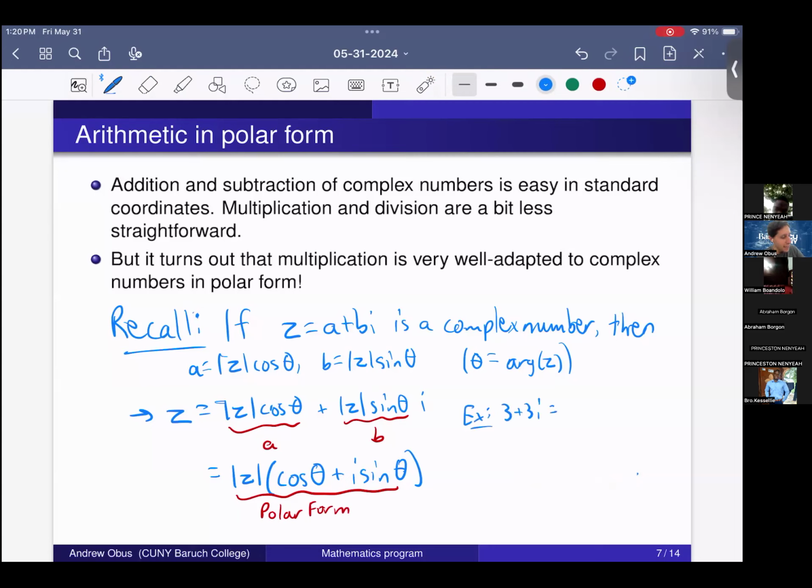We could write this as its absolute value, which was 3 times square root of 2, times cosine of pi over 4 plus i sine of pi over 4. This is the example that we did on the previous page. So 3 plus 3i is what would be called the rectangular form.